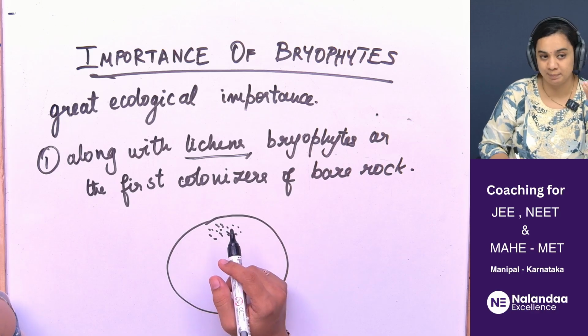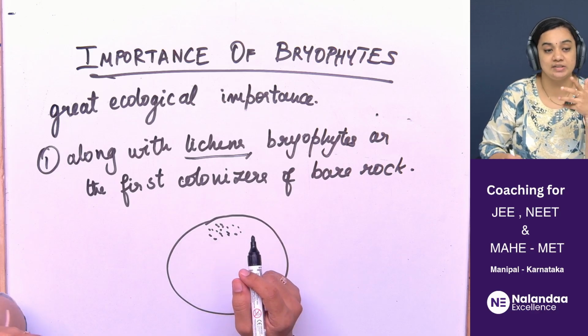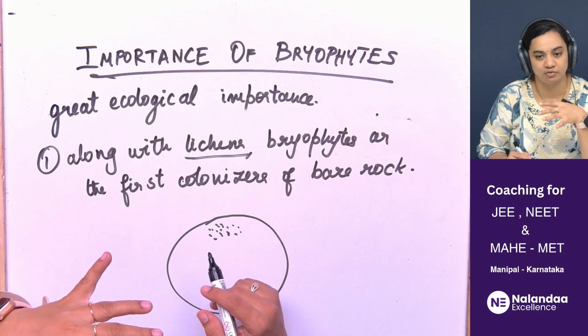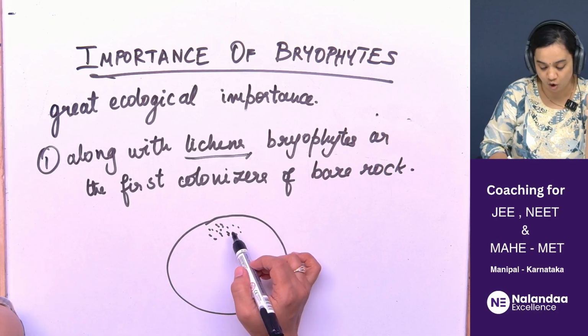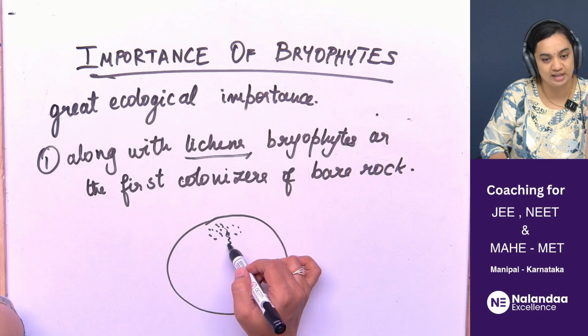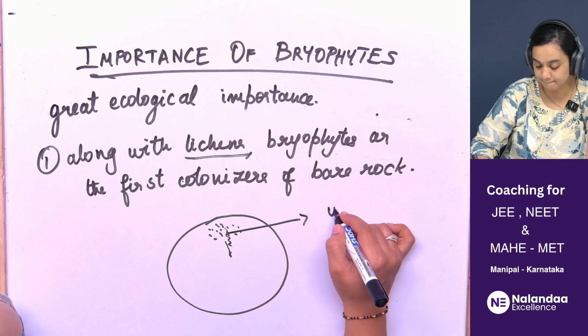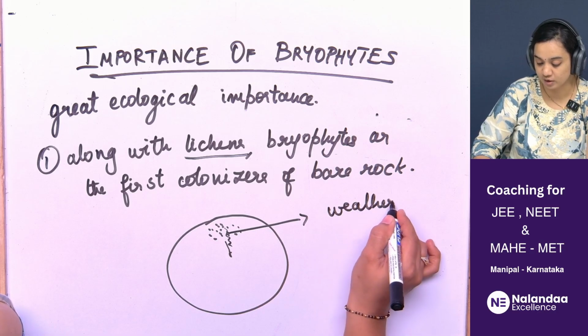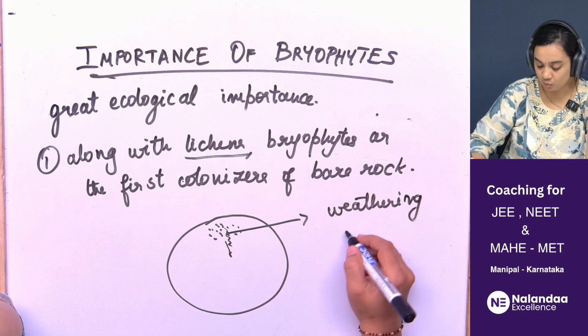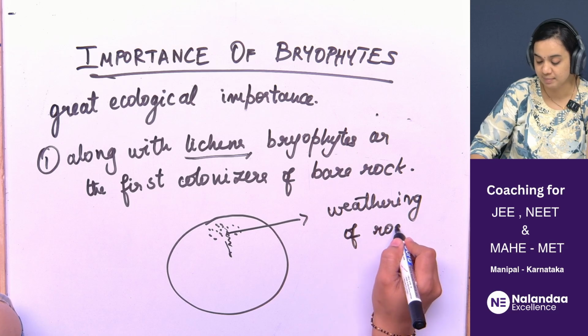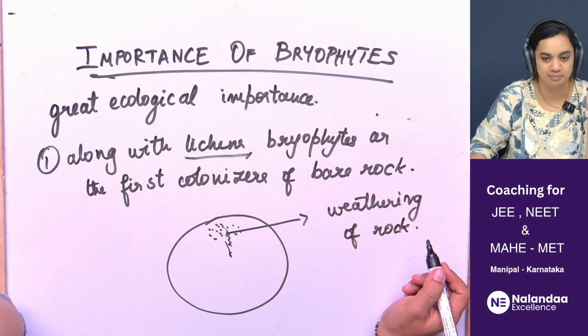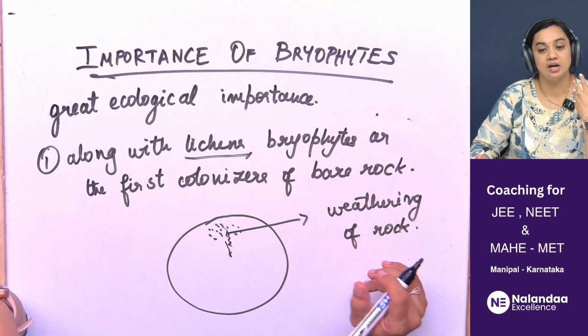Over a period of time, this continuous growth and decay of bryophytes as well as lichens on the rock will slowly soften it, and after some point it helps in the weathering of rock, and thereby the formation of soil. So you get my point? Rocks will undergo weathering.